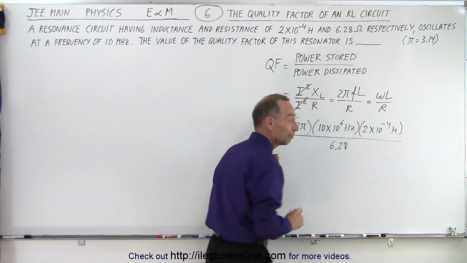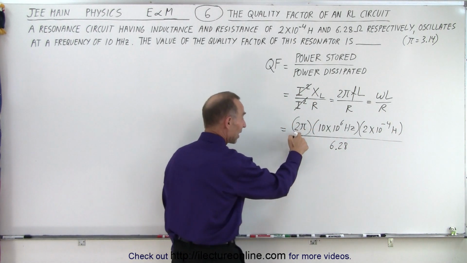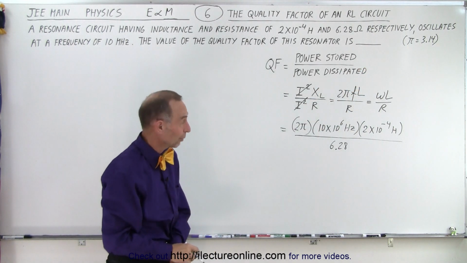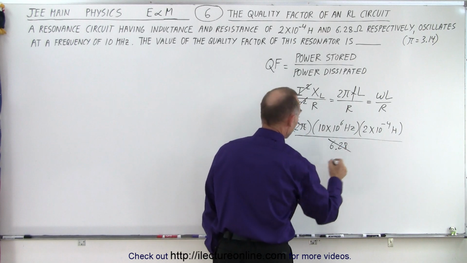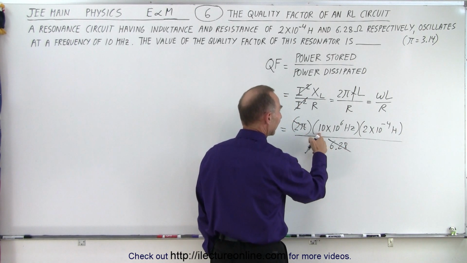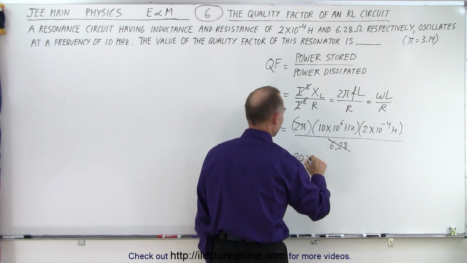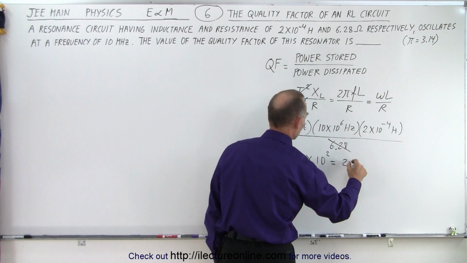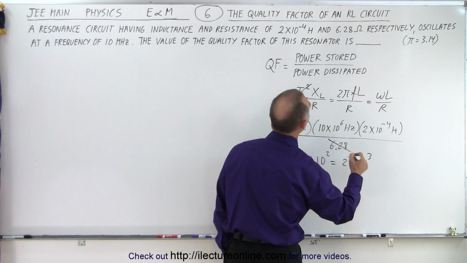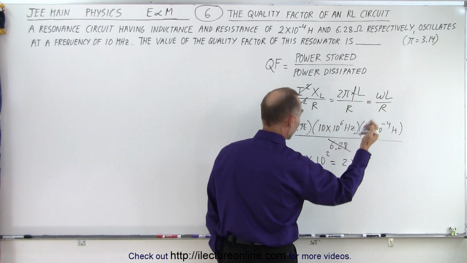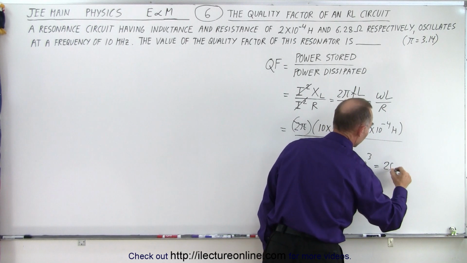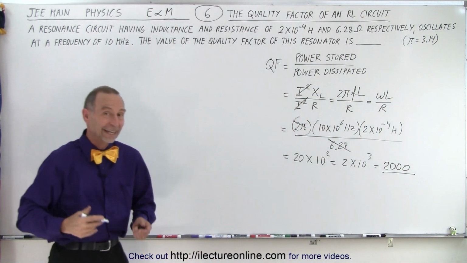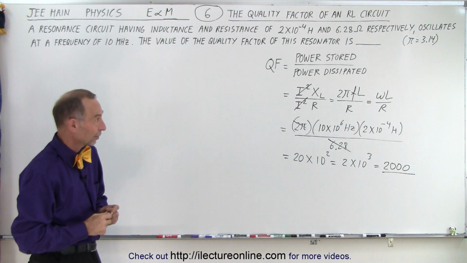Notice they picked a very nice number, because 2 pi is equal to 6.28, since they gave us that pi is equal to 3.14. So these two cancel out, and this simply becomes 10 times 2, which is 20 times 10 to the second power, which is equal to 2 times 10 to the third power, or 2,000. So there's the quality factor of 2,000, and that happens to be the answer they're looking for.